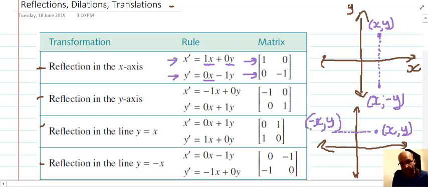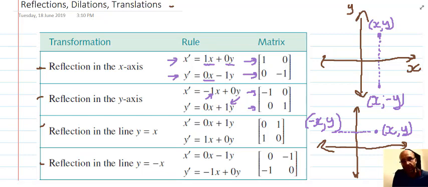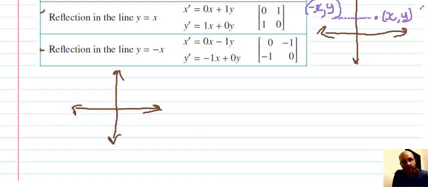So we have negative x, y, and we can see that there we have a negative 1 coefficient with the x and a 1 coefficient with the y and zeros elsewhere, yielding this matrix here. So far we have two matrices with ones or negative ones on the leading diagonal and zeros everywhere else. So there are our two transformation matrices for reflection in the x and the y axis respectively.